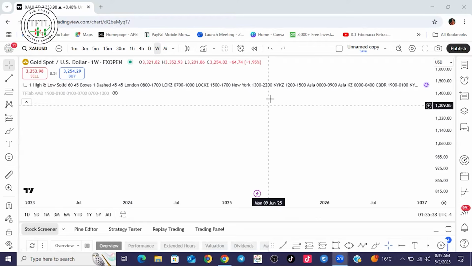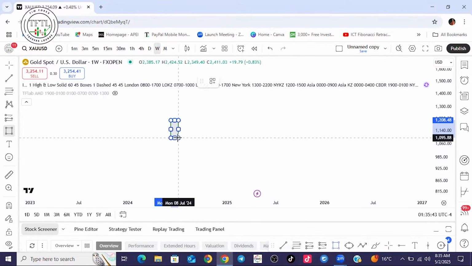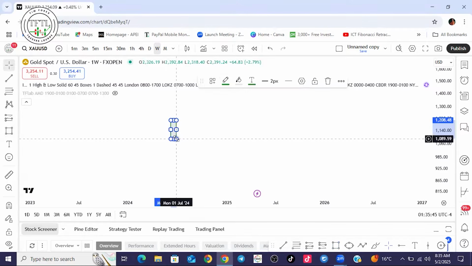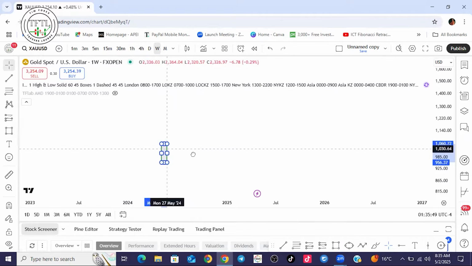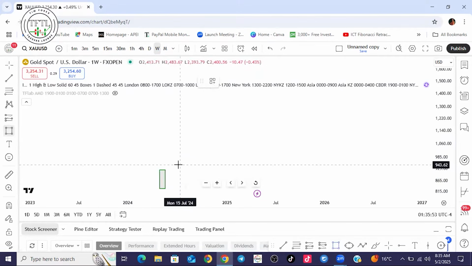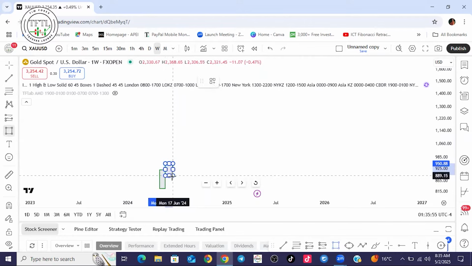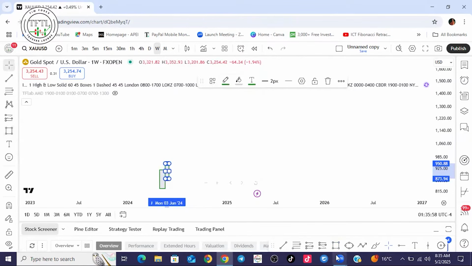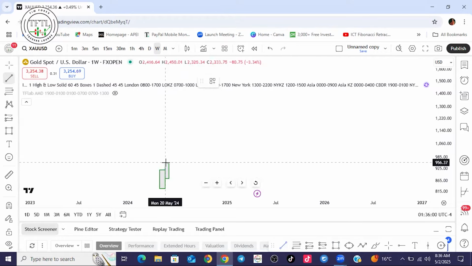Let's say these are bullish candlesticks, so we assume this is price pushing up. I'm going to demonstrate it in a simpler manner for you to understand. So these are our candlesticks pushing up. I'm going to put the wick there.